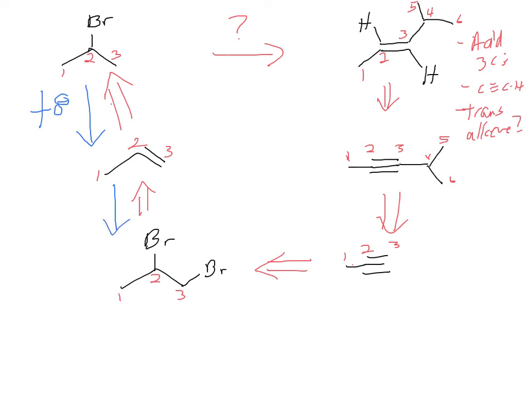If I want to add 2 bromines, what reagent do I use? Alkene plus Br2. Good. If I want to lose 2 bromines, do a double elimination, what do I need? A strong base, NaNH2, which we've been using. So how many equivalents do you need? At least 2, because you're doing 2 eliminations.